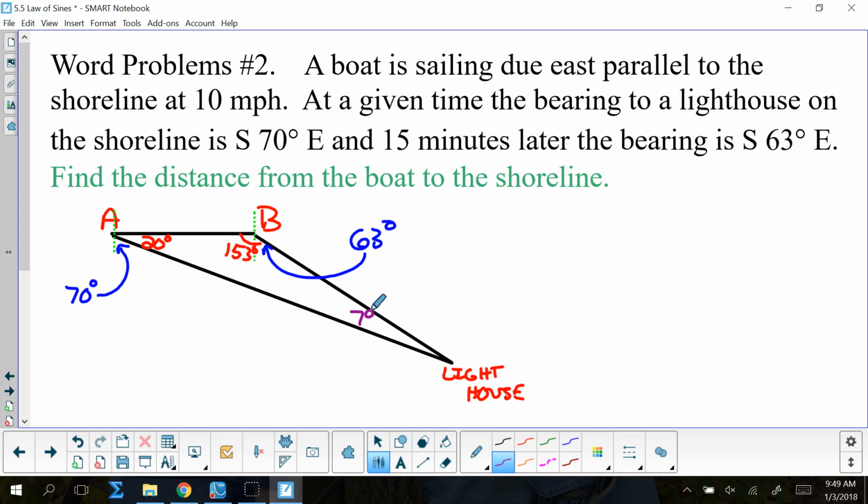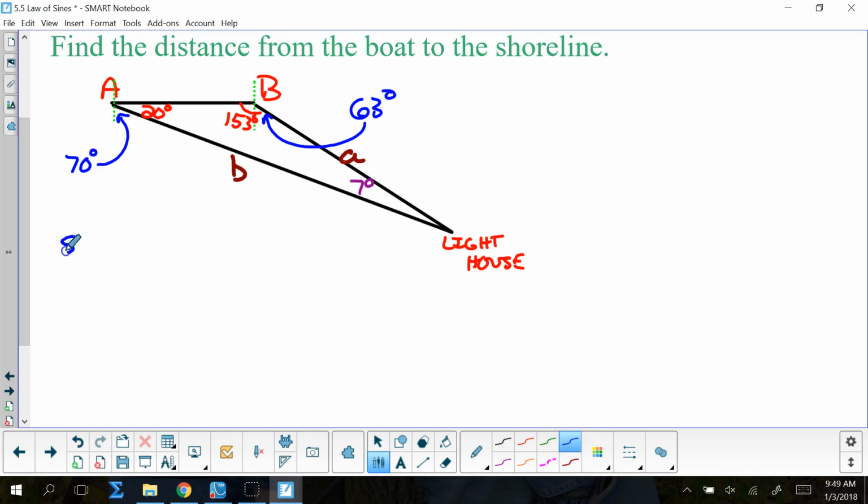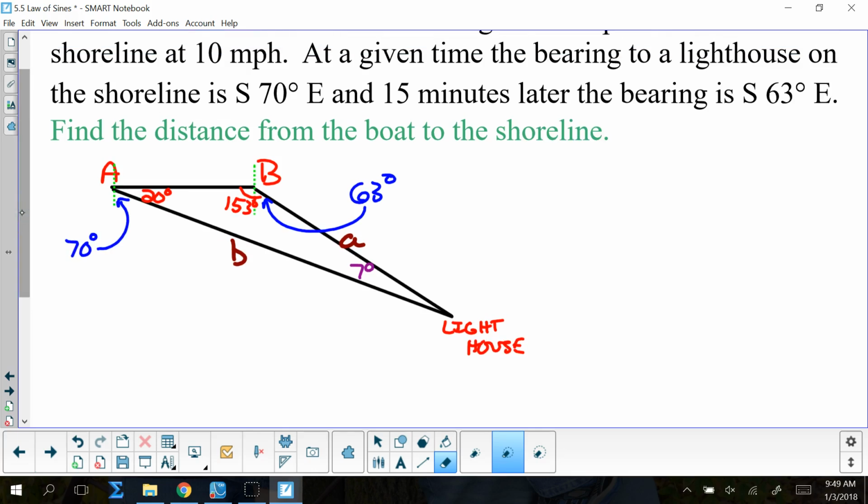We need to solve for either side B or side A. Doesn't matter which one we solve for, it's not the answer. There's another step beyond that. So I'm going to set up one of those. Actually, I'll set them both up. But wait, I can't set them up yet because I don't have a complete fraction yet, do I?